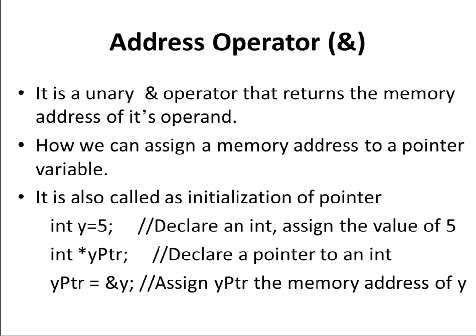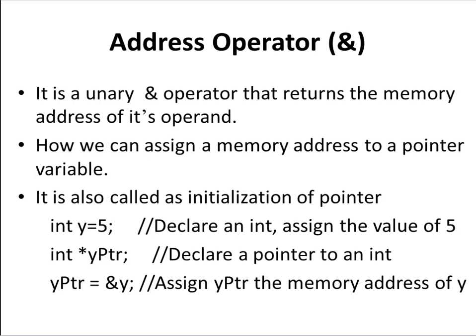In the details of the pointer, we must know the two operators & and star. The & is sometimes called the reference operator, or the address operator. It is the unary operator that returns the memory address of its operand, or the memory address of the particular variable. How can we assign a memory address to a pointer variable? This is also called the initialization of the pointer. For example, int y = 5.